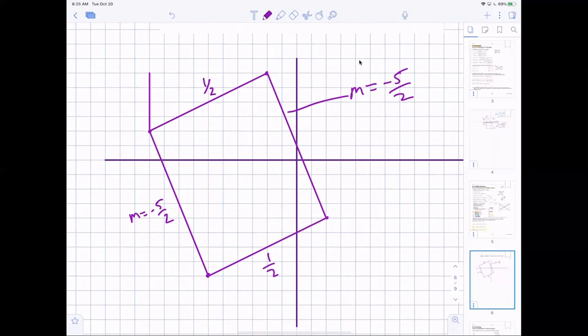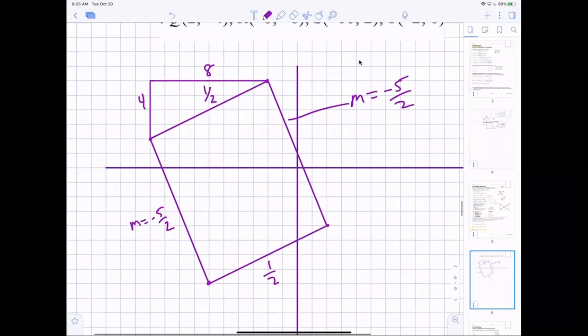So this is 4, and this would be 8 then, right? So that distance right there is square root of 64 plus 16, right? Which is what? 80.